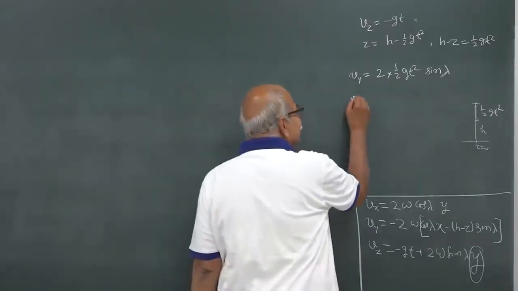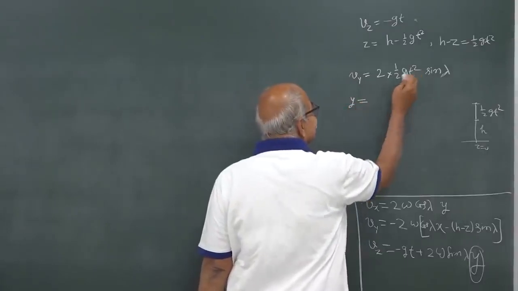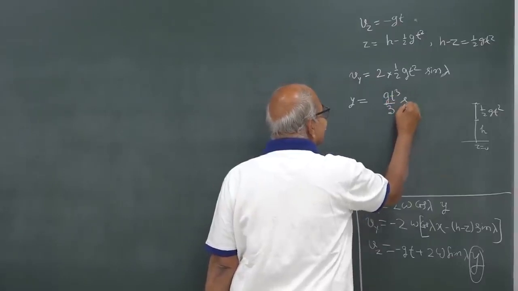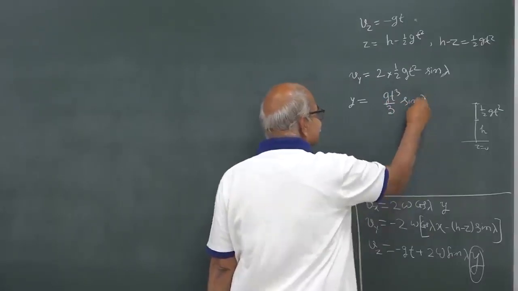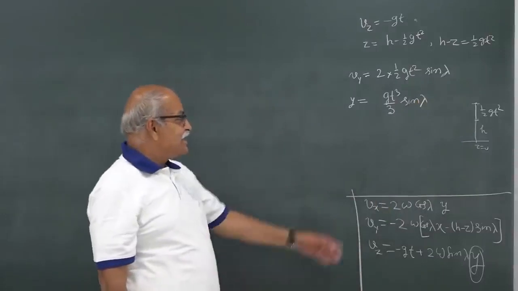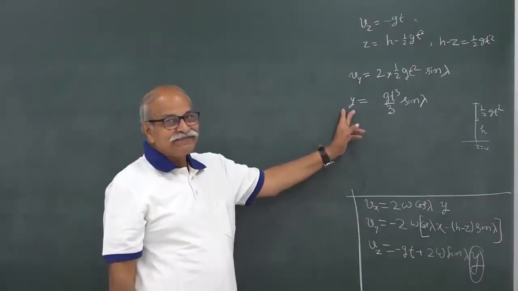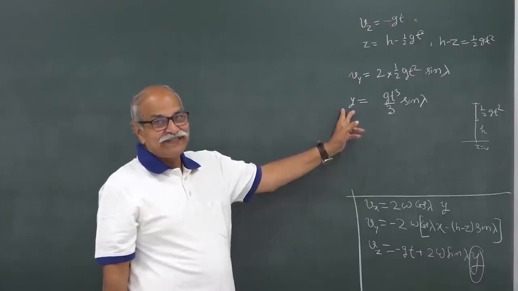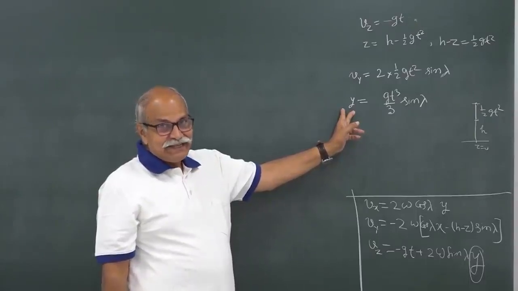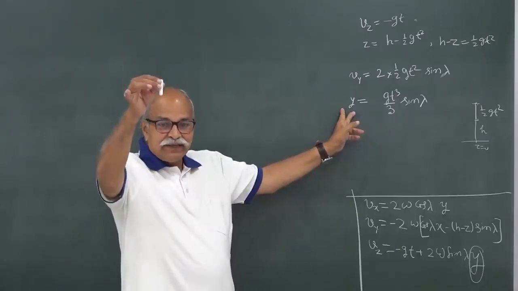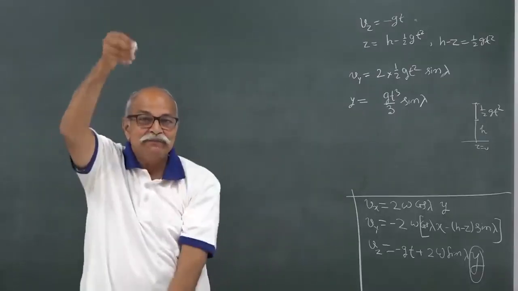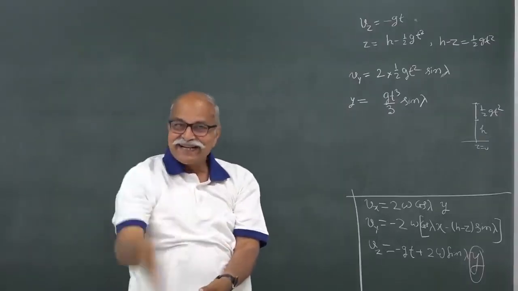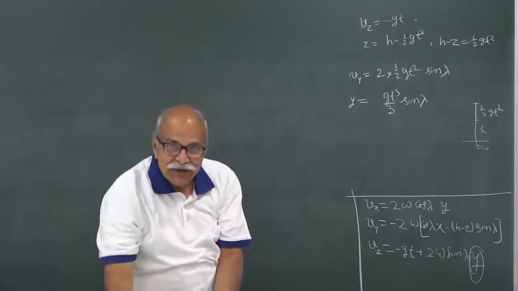So, y is equal to Gt cube by 3 and then sin lambda. This is y. So, there is a deflection in the east direction. Remember, the y axis was taken towards east. If you drop it, it does not go in the direction shown by my plumb line. My plumb line is showing the z direction. The z direction is taken along the vertical.